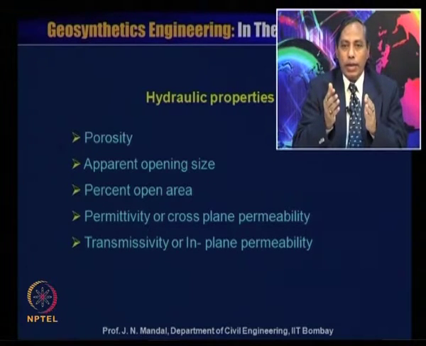So, hydraulic related properties are also very, very important. This is a flow related problem, not a strain related problem. So, we have to determine the porosity of the geosynthetic material, apparent opening size, percent open area, and permeability or the cross-plane permeability and transmissivity or in-plane permeability.